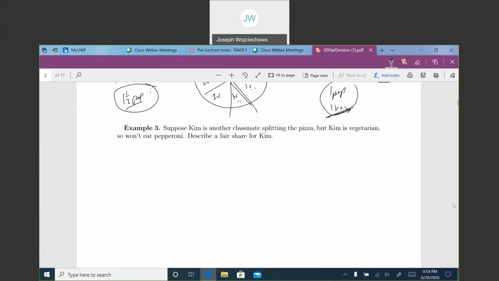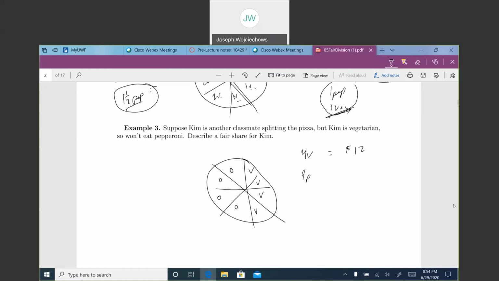And now let's look at Kim. However, Kim is vegetarian and won't eat pepperoni. So describe a fair share for Kim. So again, another pizza. Our pepperonis to her have 0 value. So to Kim, the veggies total $12 and the pepperoni totals $0, to get the total value of the pizza.